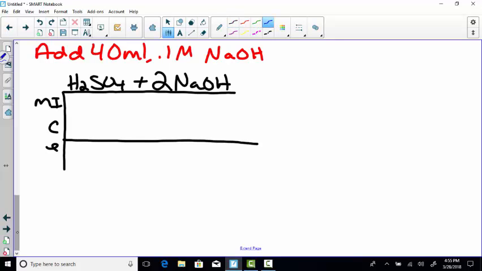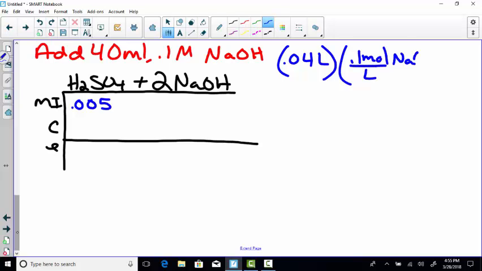The H2SO4 is always 0.005 moles. That will never change. But now we have 40 milliliters, so 0.04 liters, I'm doing this backwards, sorry, times 0.1 mole per liter of NaOH is going to give me 0.004 moles. So, my initial moles is 0.004 moles.